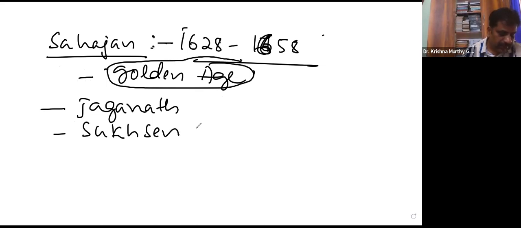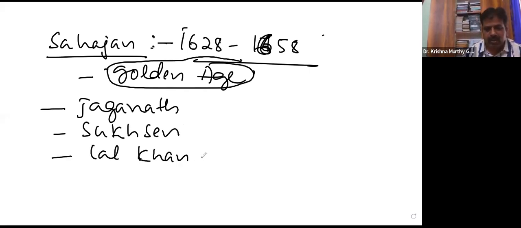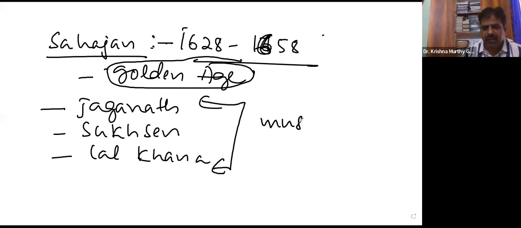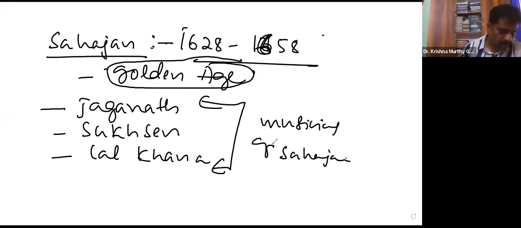Next, another popular man, Lal Khan. So these are the musicians of Shah Jahan.